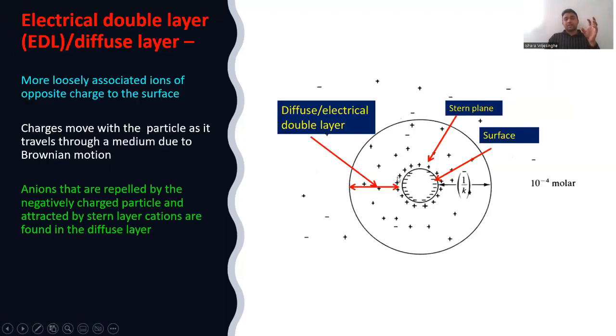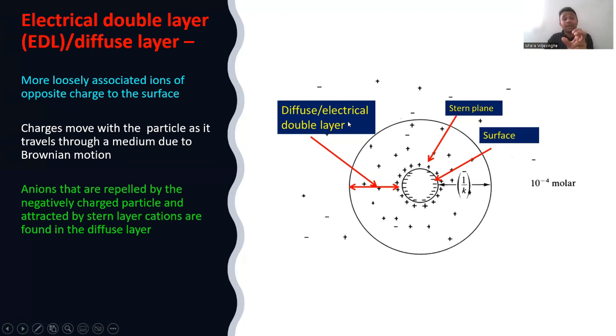After the Stern plane, I told you there is a positive and negative charge combination within this electric field. This is called the electrical double layer because both positive and negative charges are there.